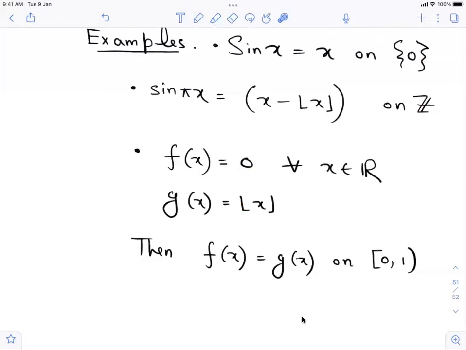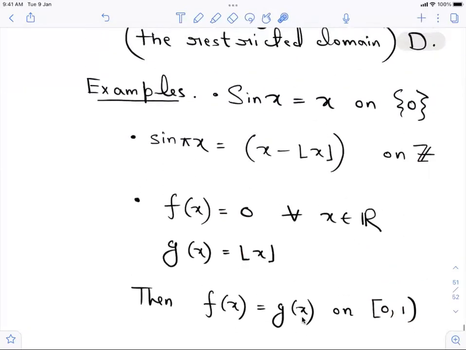Notice that on the interval closed at 0 and open at 1, [0, 1), these two functions are going to coincide, because the floor of any value here is 0 and f(x) also takes value 0 here. So f is equal to g on this set. You can have different functions behaving identically on a set. Then we say that those two functions are equal.